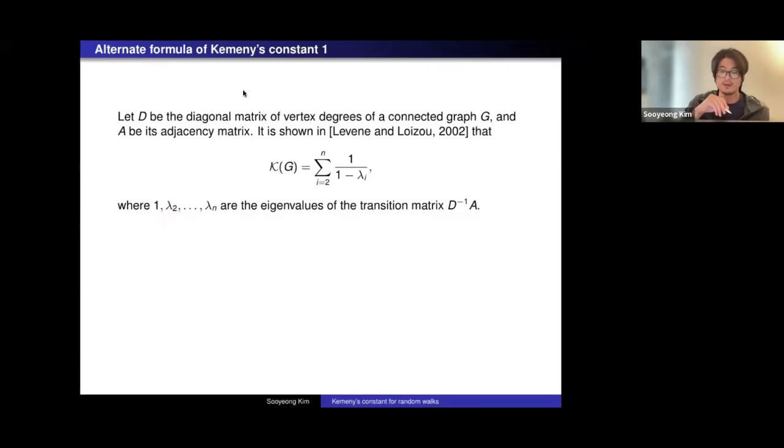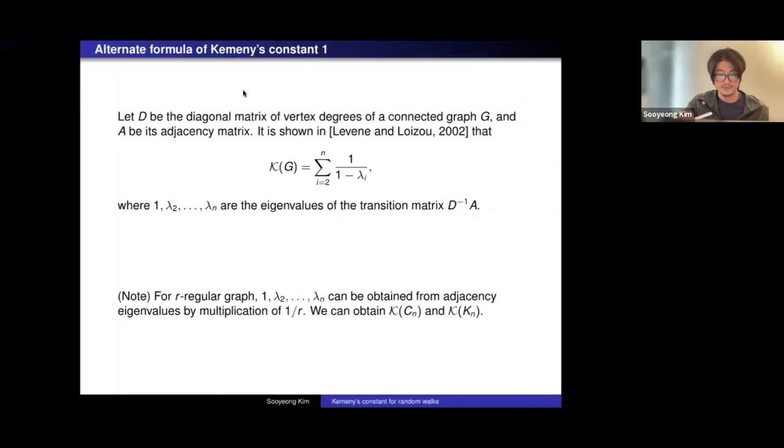So you might be wondering, why can't we use those things? I mean, for instance, Cheeger's constant. But when you take a look at this, Kemeny's constant has to do with the other eigenvalues. When you have large enough n, you cannot actually ignore the other eigenvalues. So that's why there's some discrepancy, a difference between using only the second largest eigenvalue, or having to use the other eigenvalues.